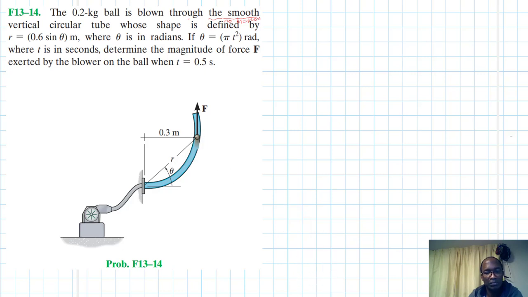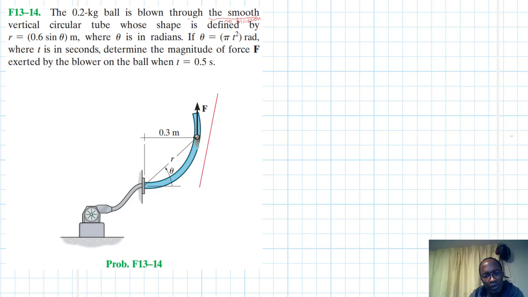So let's draw the tangent line to that point. Not good enough. Maybe we make it like so.